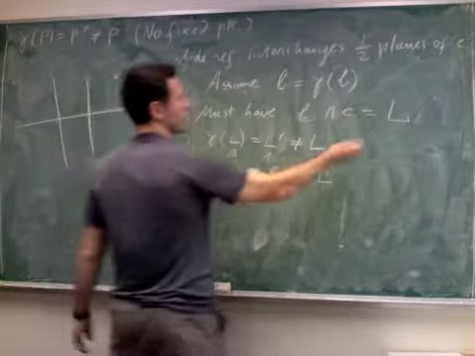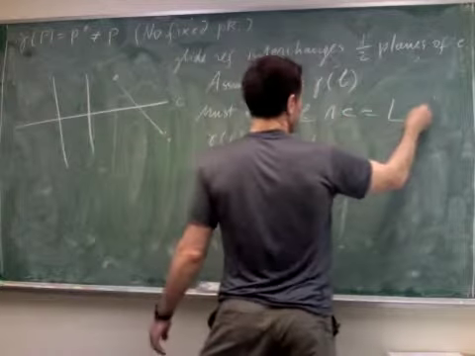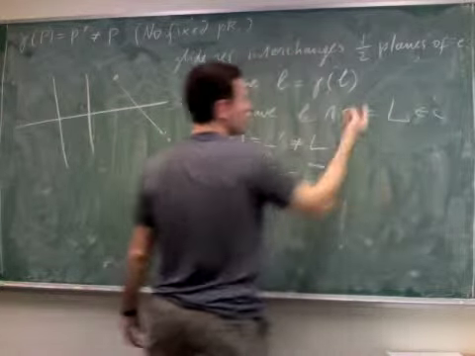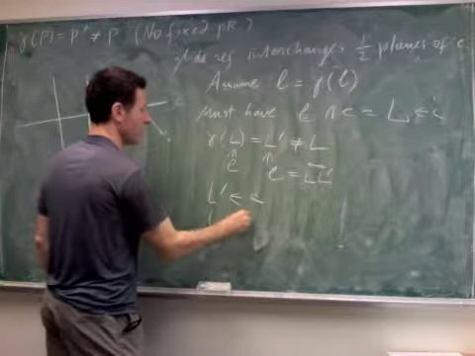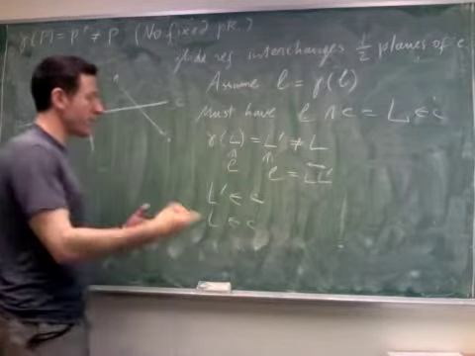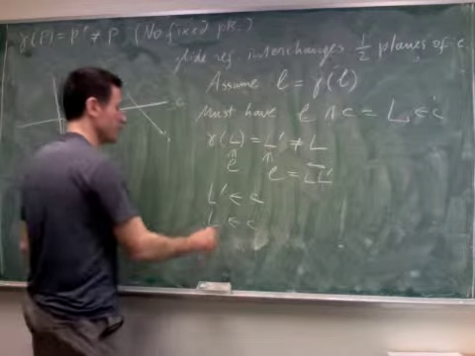So then we also have two distinct points on C. I remind you, l was part of C by definition. Both of them belong to C, the axis of the glide reflection, and they are distinct.